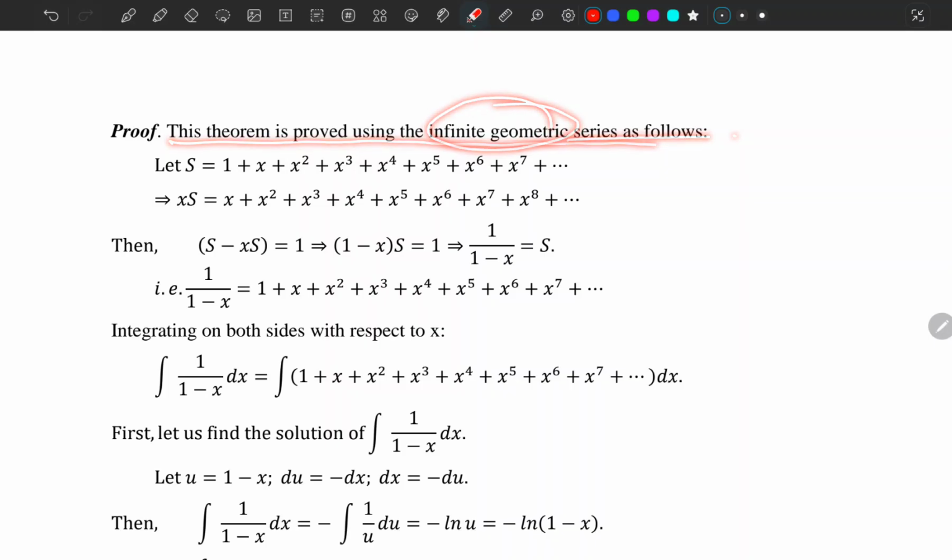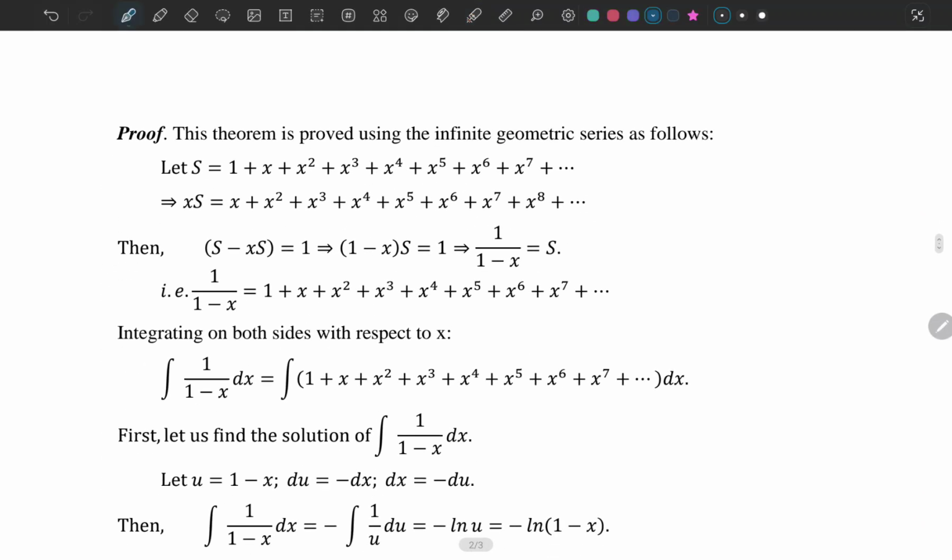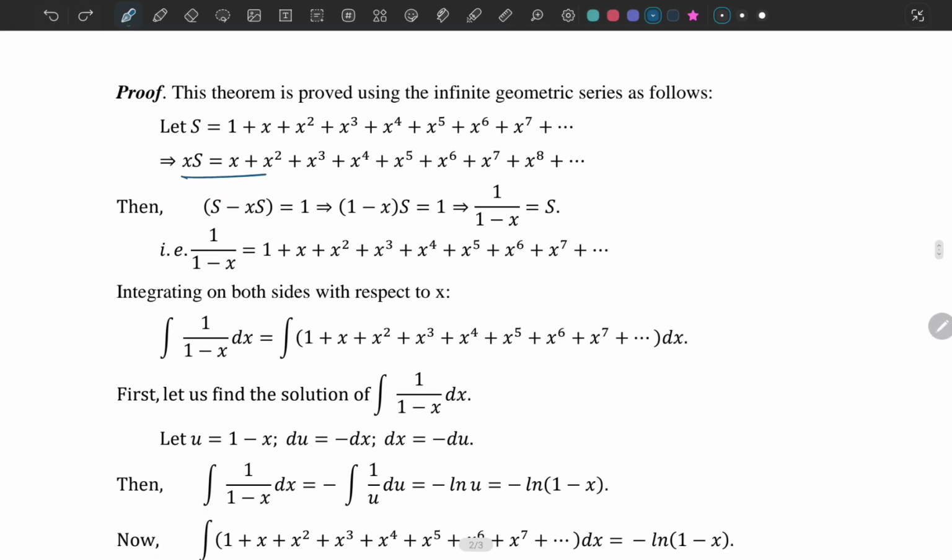So we are just going to use the infinite geometric series. Let s equal the basic infinite geometric series. Let's multiply x with s, so this is how it becomes. As we multiplied x with s here, now we are going to use s minus x times s.